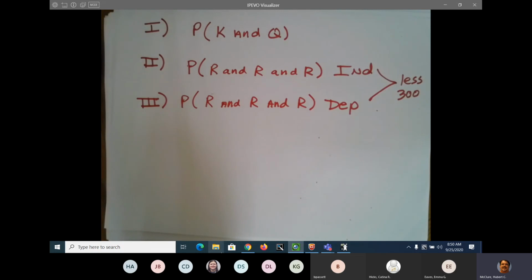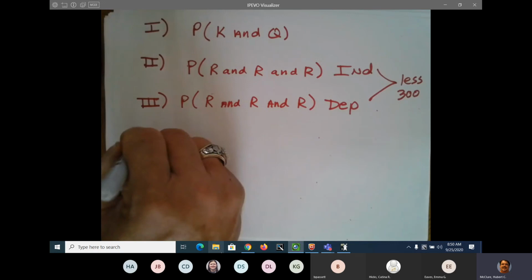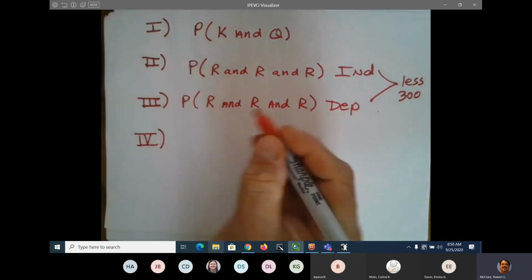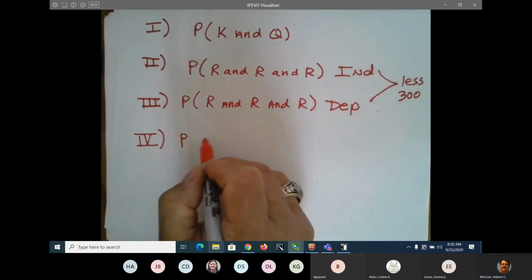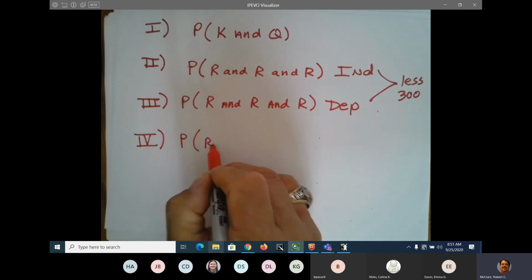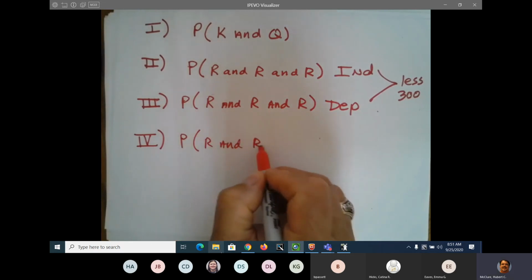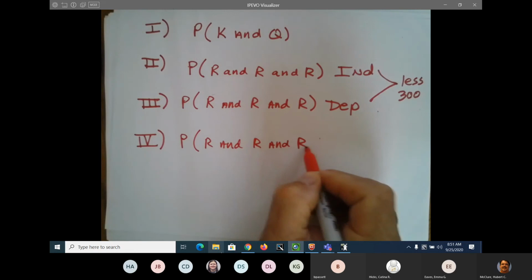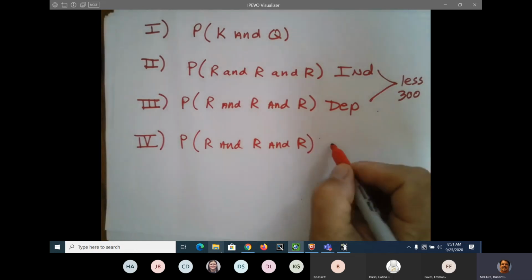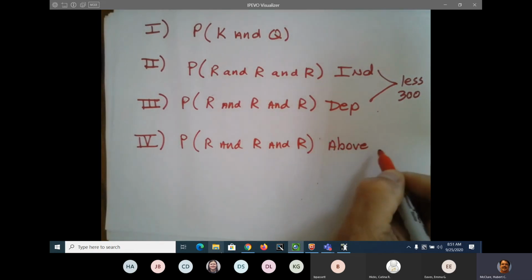I use 300 because I've seen in the last few years that 300 is the number that's safe. When you're dealing with numbers around 200, your third decimal place starts to not equal. So I made a mental note of what number it works better, and I found out that above 300, it works better. The fourth type question will be the probability of red and red and red, and that'll be above 300, or a question with big numbers.